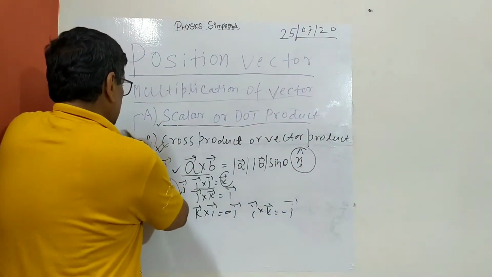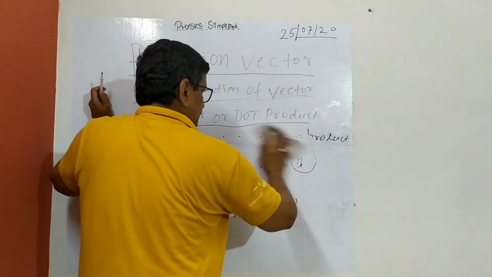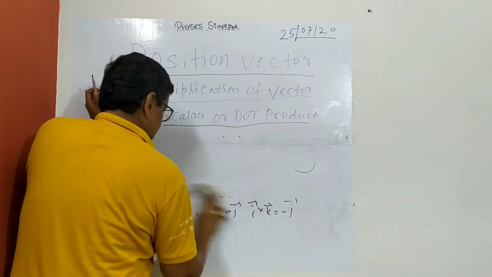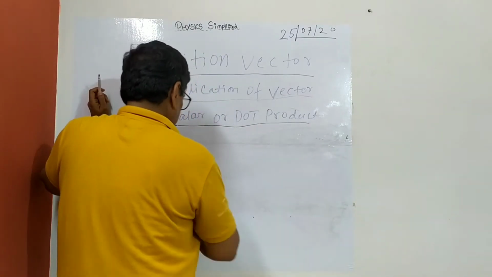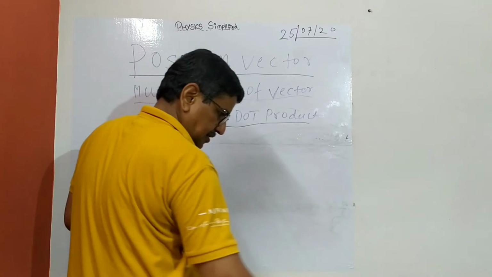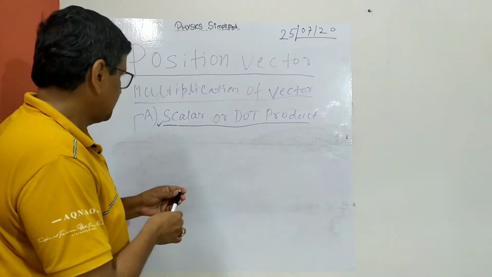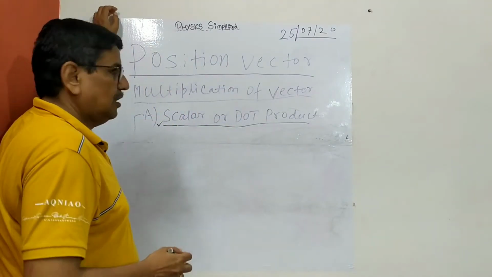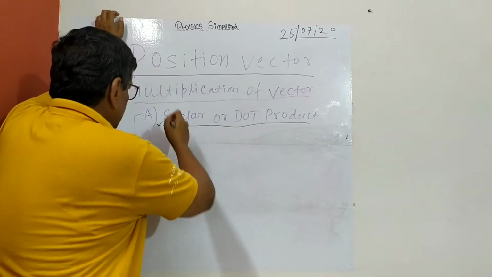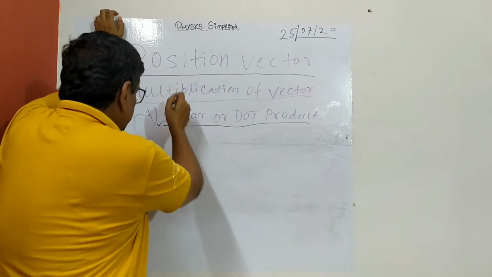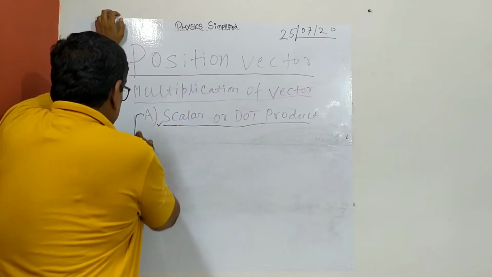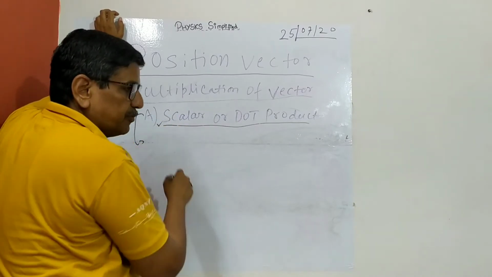And now we are coming to applications. So the first thing is some basic properties. First I will deal with the problem, and then we can integrate both scalar and vector product problems.